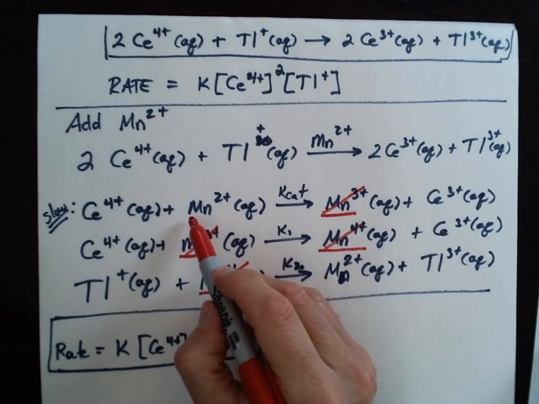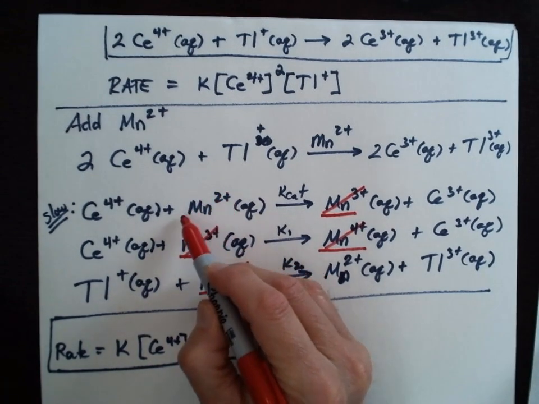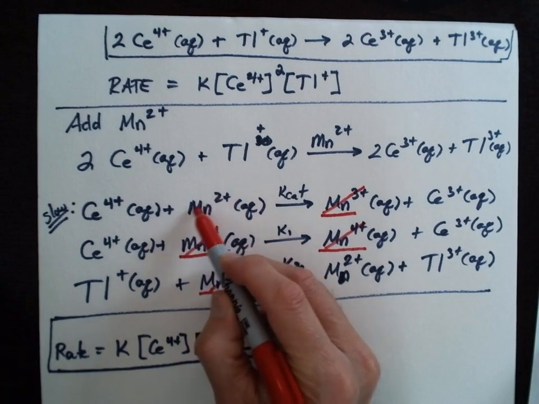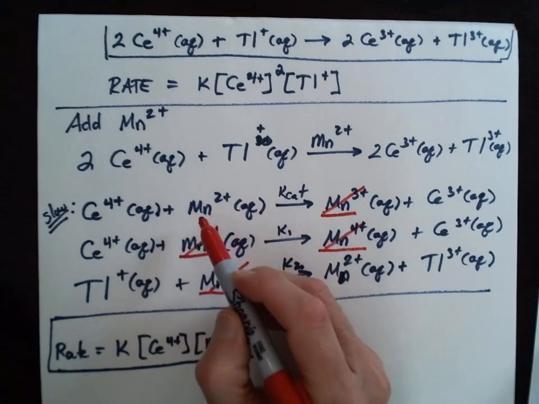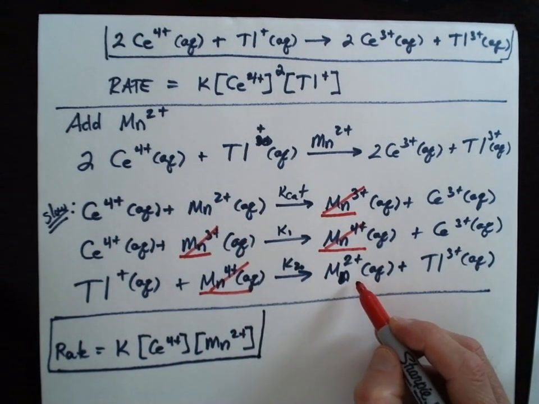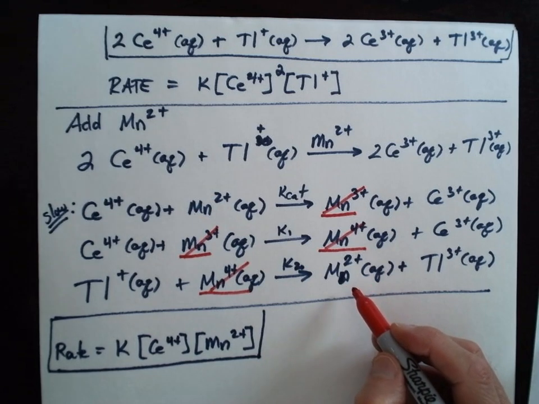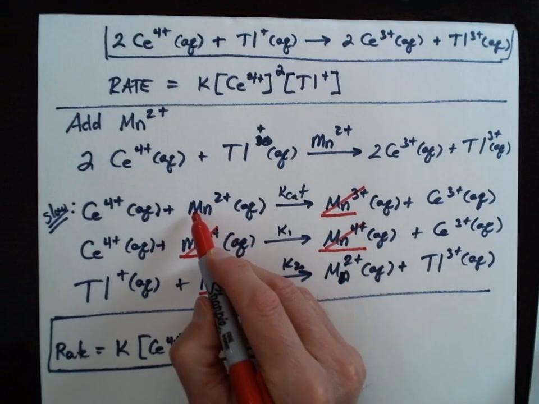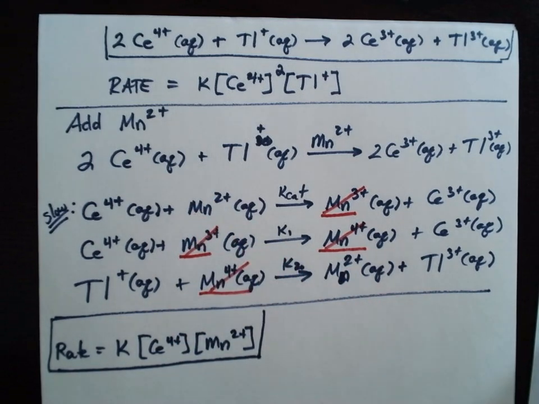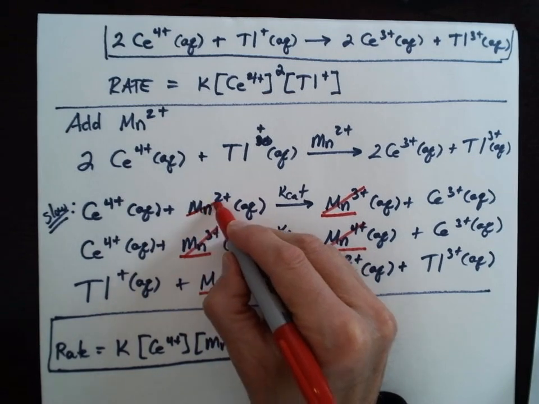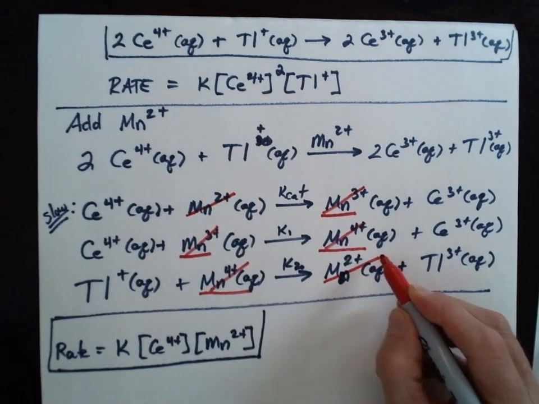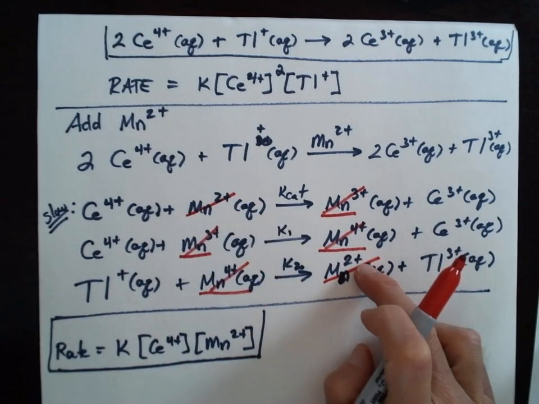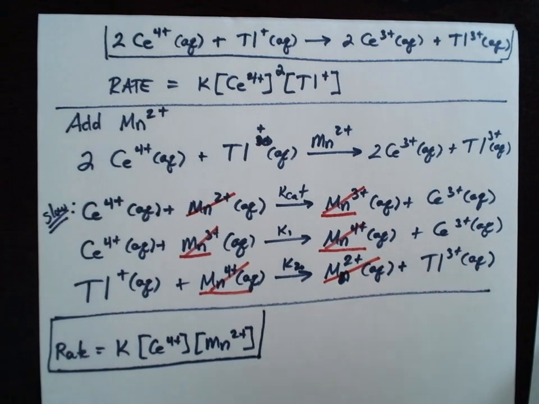And we also notice that the manganese 2 that is consumed in the first step ends up being regenerated in the last step. And that's got to be true of a catalyst. Remember, catalysts are present in the mechanism. It shows up here and here, but it's not consumed. And so in this case, we can cross out the destruction and production because overall there's no net change.